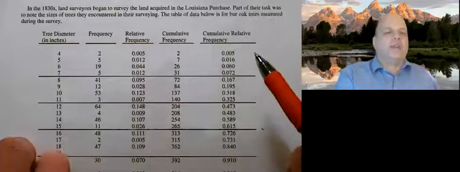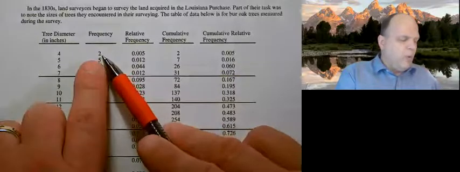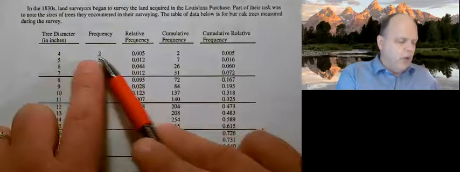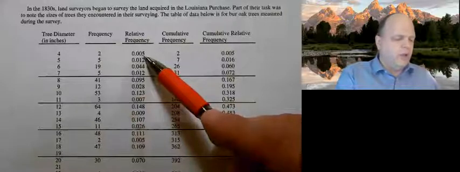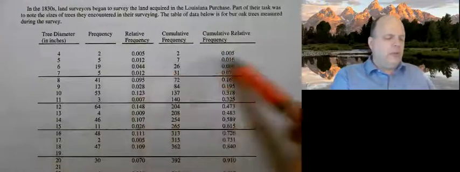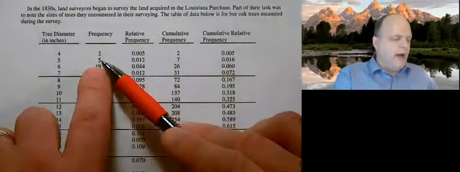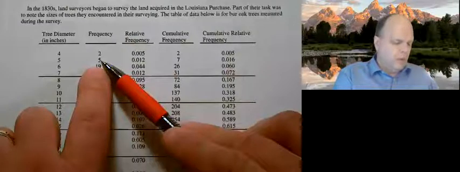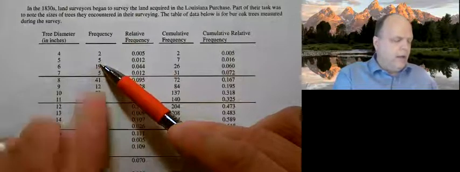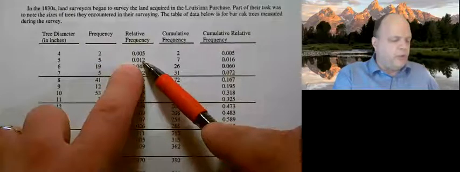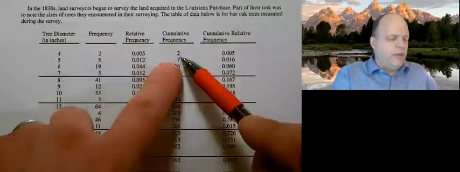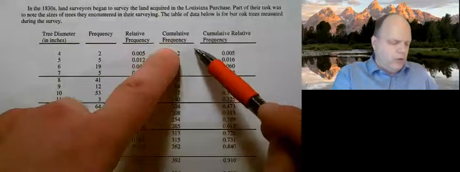So let's talk about these. We had two trees that were 4 inches in diameter, and out of the total number of trees, that amounted to this percent. Here we have 5 trees, and that represented this percent of the trees. Well, 2 plus 5 is 7, over the total number of trees.